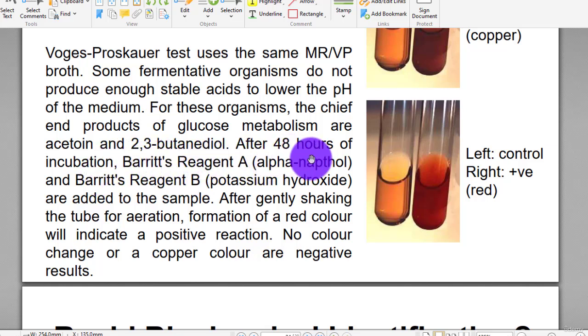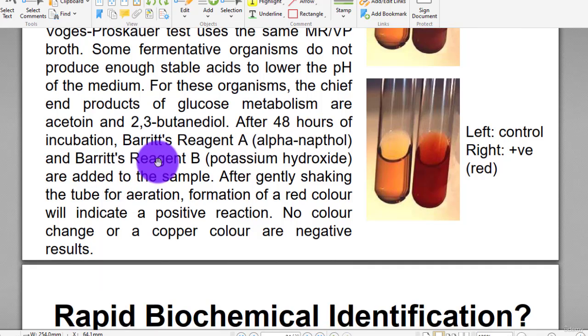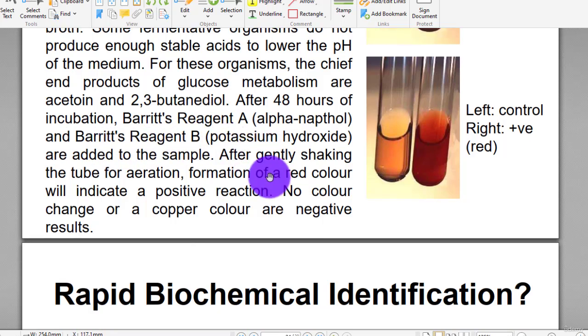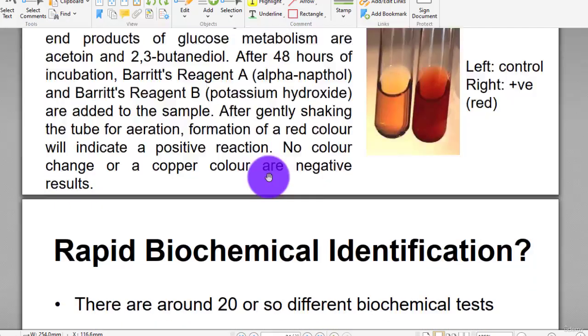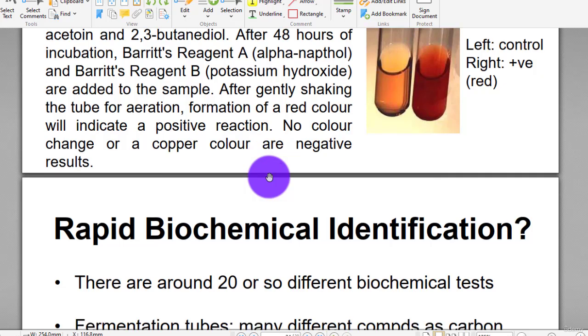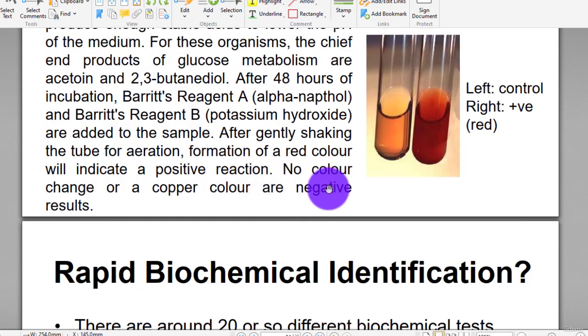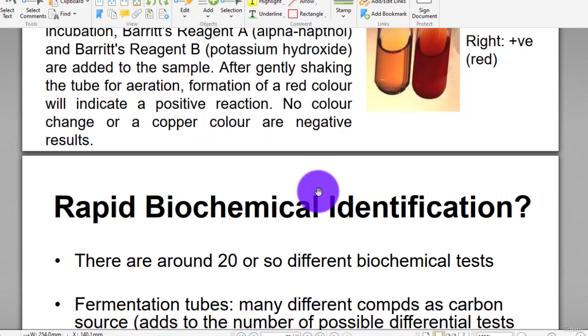After 48 hours of incubation, Barritt's reagent A, alpha-naphthol, and Barritt's reagent B, potassium hydroxide, are added to the sample. After gently shaking the tube for aeration, formation of a red color indicates a positive reaction. No color change or a copper color is a negative result.